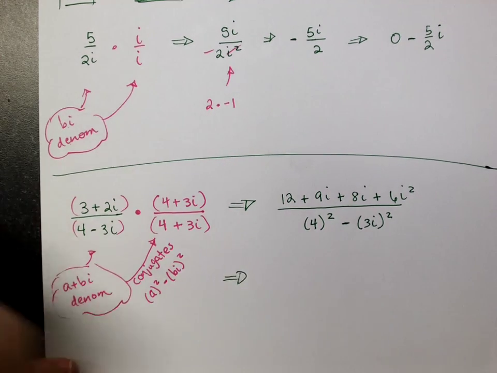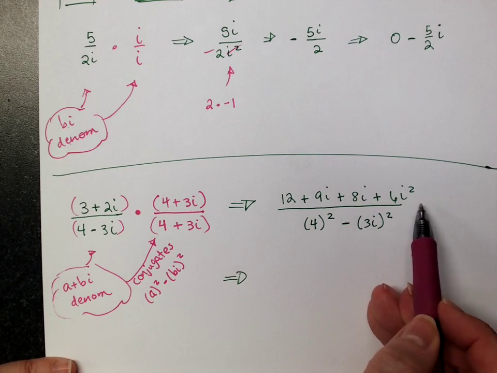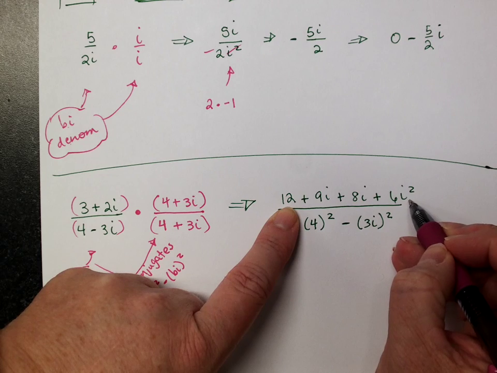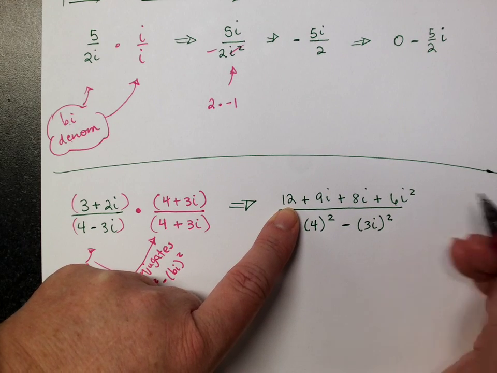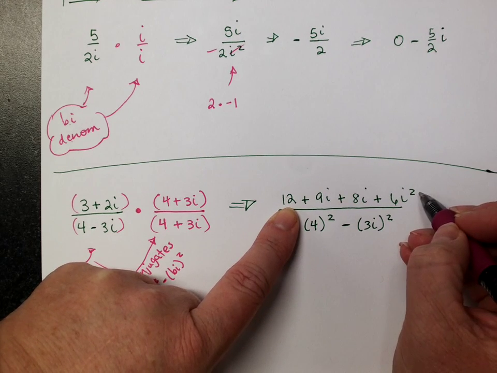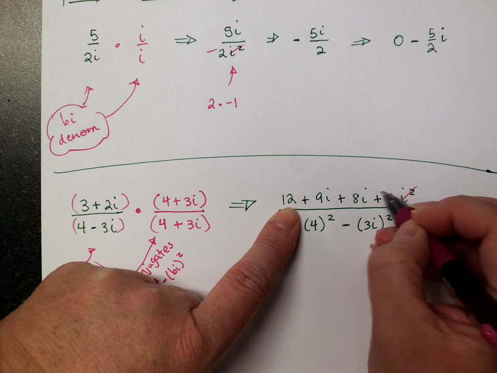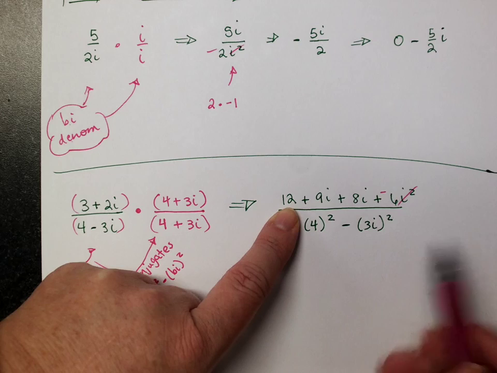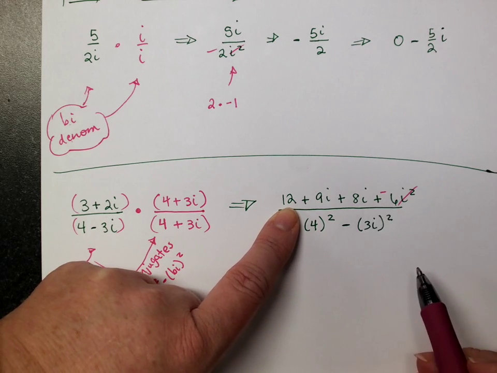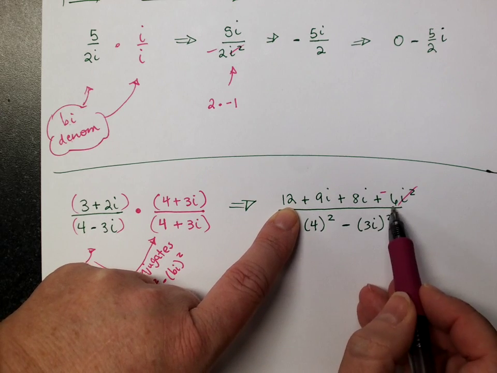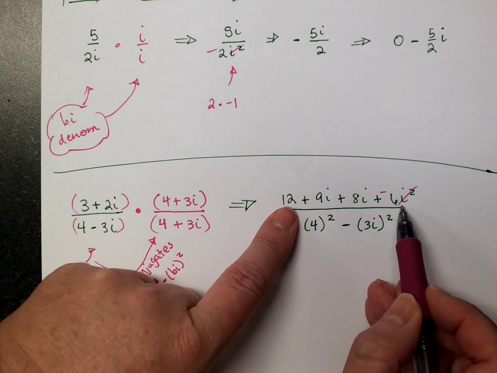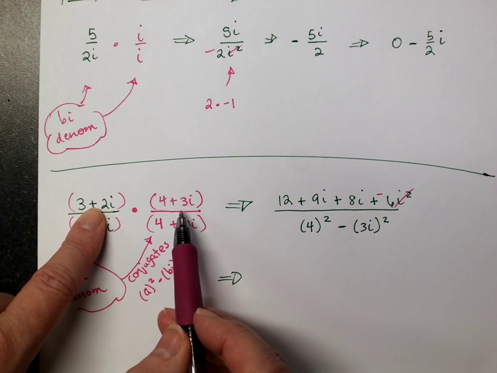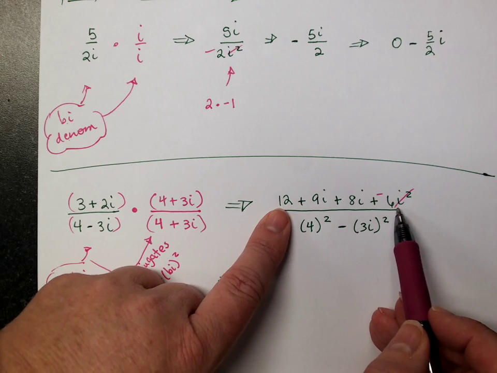So on top, we've got FOIL, 4 terms. But this first term is a number, and this last term is also a number. Oh, wait, no, it's not. There's an i squared, which means it was a positive 6, so now it becomes a negative 6. If it were a negative 6, it would become a positive 6. So you can combine your first and your last. You can F plus L. When you're FOILing complex numbers, your F and your L will both be real numbers.